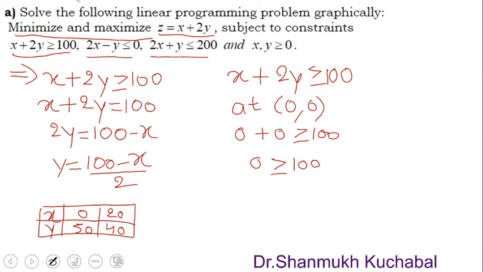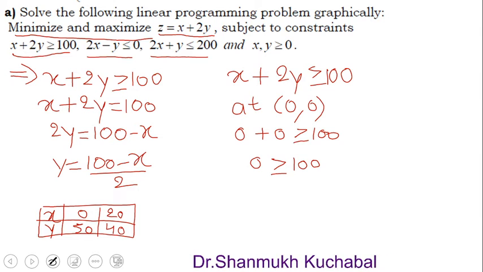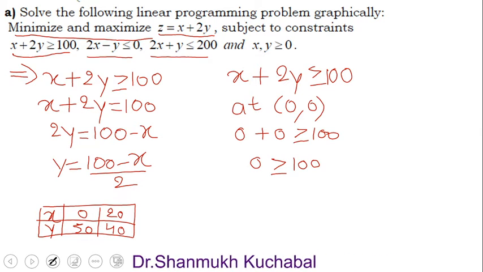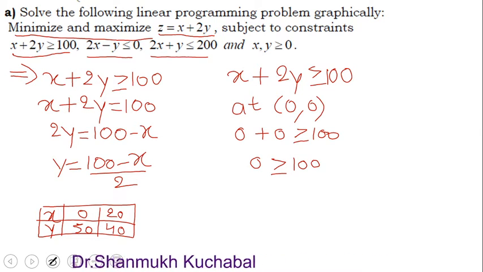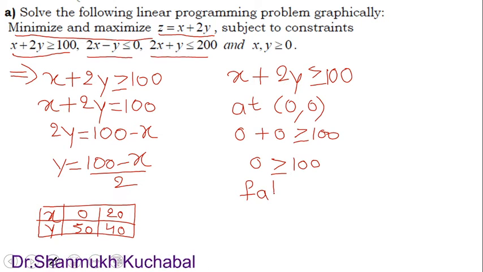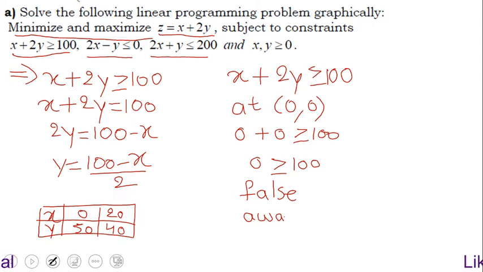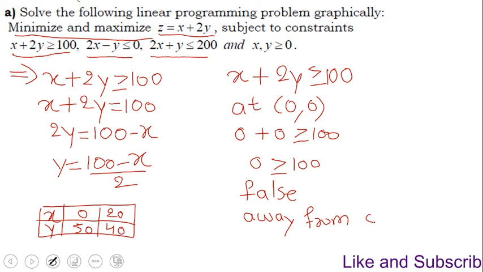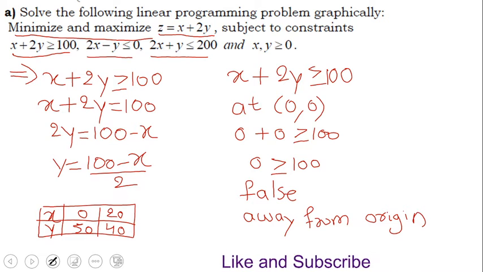But 0 is always less than 100, therefore it is a false statement. So the region is away from the origin.